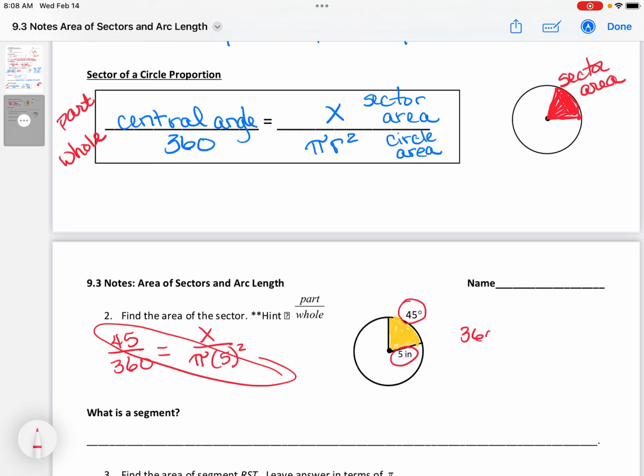And I'm going to get 360 x equals 25 pi. I'm going to divide by 360. Are you always dividing by 360? Yeah, pretty much.